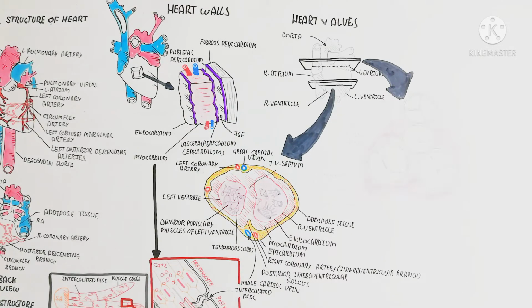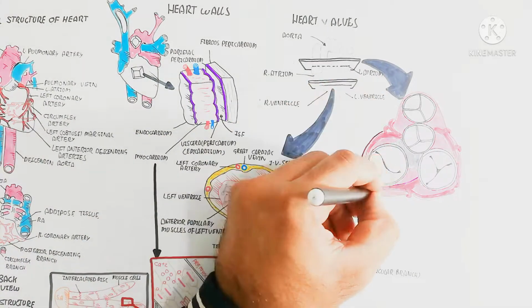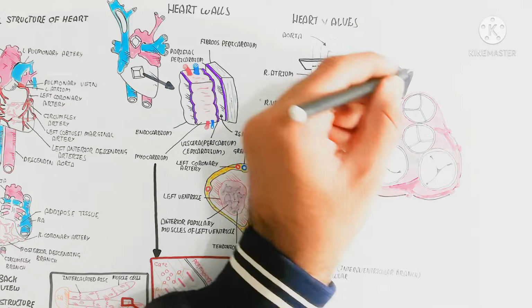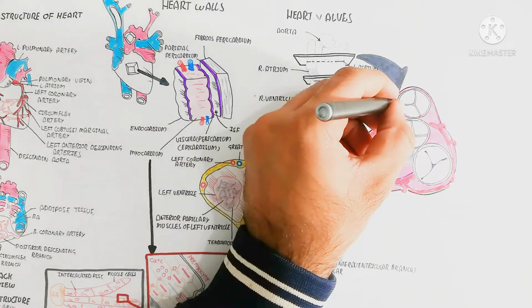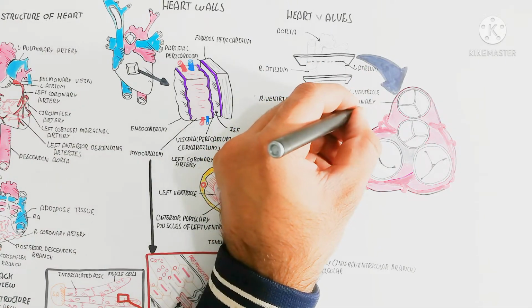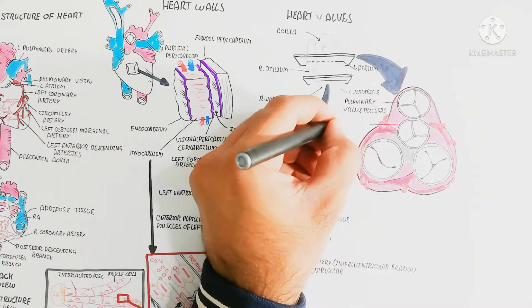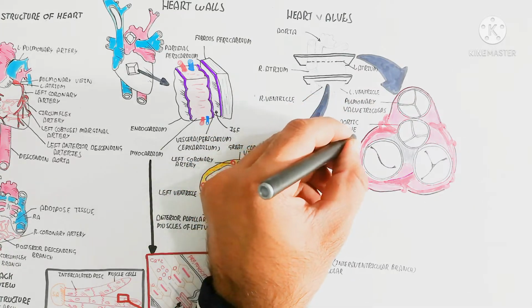Here you can see the valves in a cross section from the upper side, and the upper side is the myocardium. The dark red color shows the coronary vein and coronary artery, which supply blood to the heart itself.